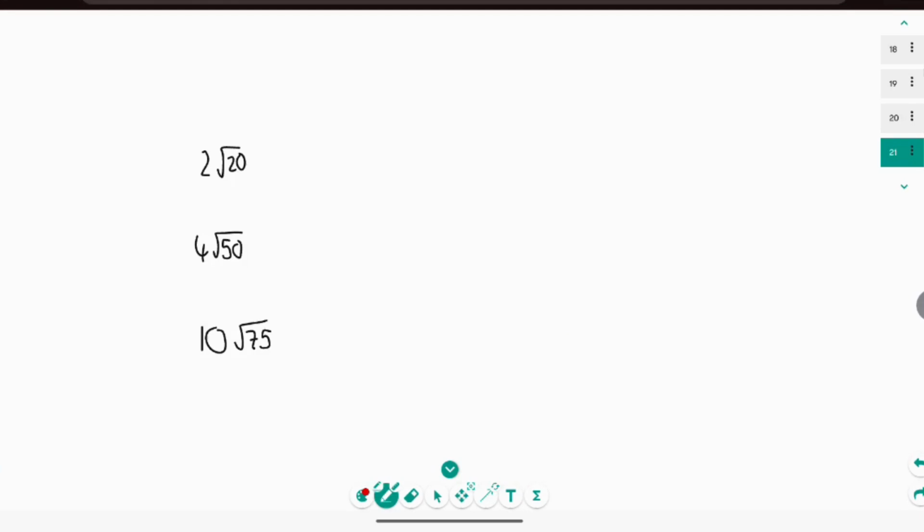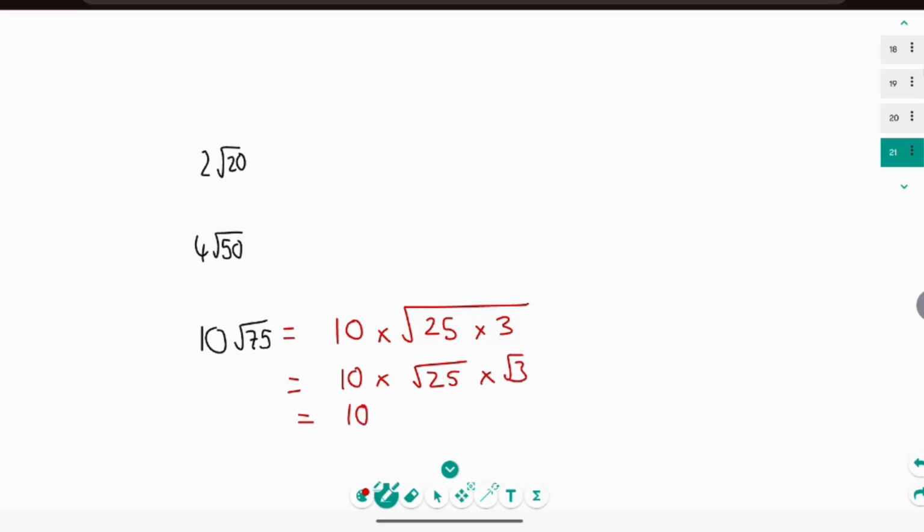And this last one, again, 25 is your highest common factor. 75 comes from 25 times 3. Root 25 is 5. 10 times 5 is 50.